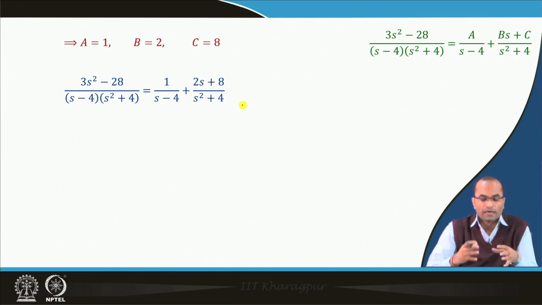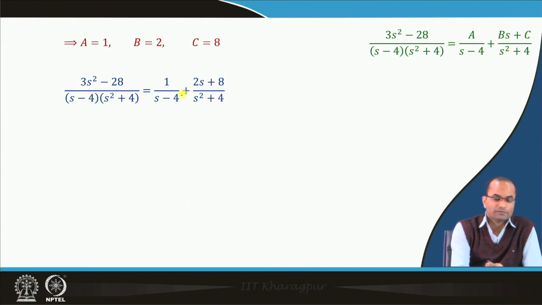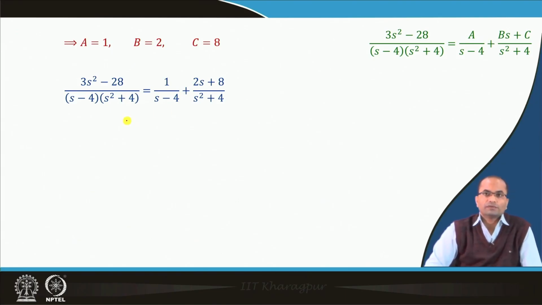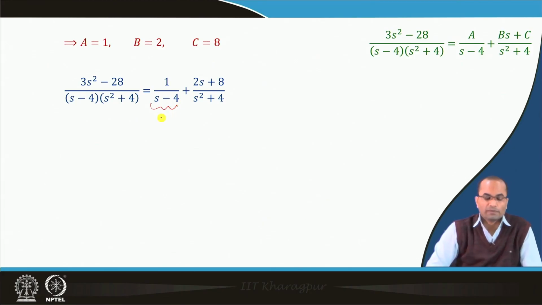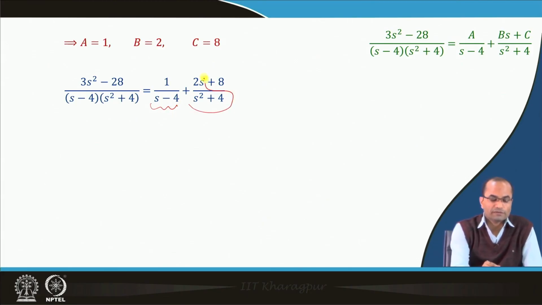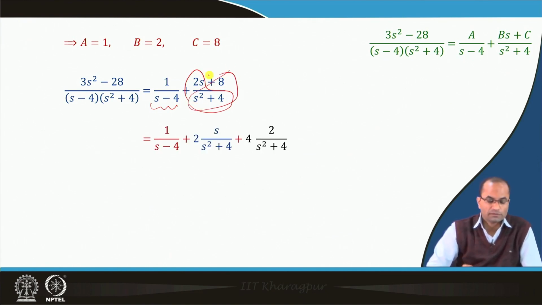Once we have done the partial fractions, it is just a matter of inverting, because we know whose Laplace transform is 1 over s − 4, and here we can further write 2s over s² + 4 and then 8 over s² + 4.